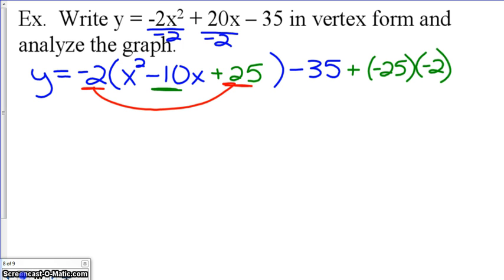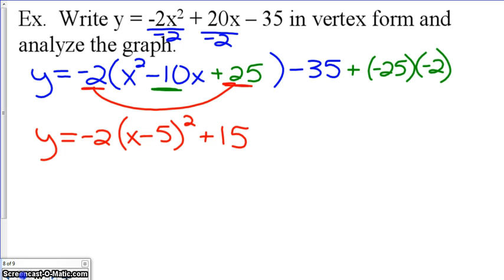We're going to continue simplifying, so y equals our a value of -2, x minus 5 quantity squared is what I get when I factor. And then over here when I simplify, -35 plus 50 is a positive 15 for my k value. So my vertex is at 5, 15.